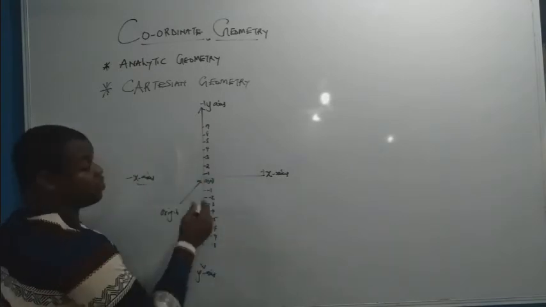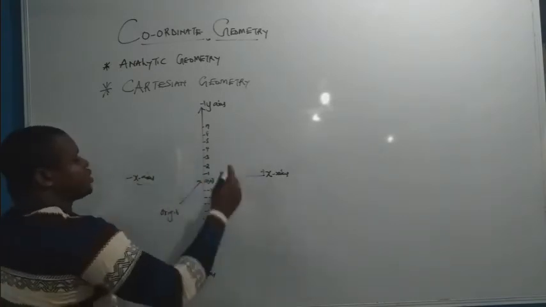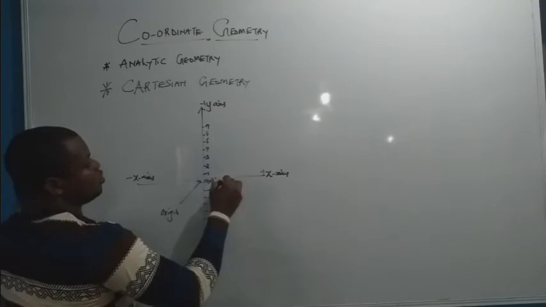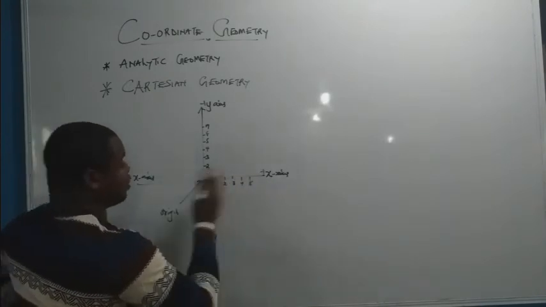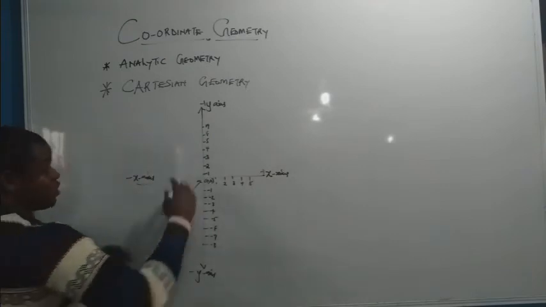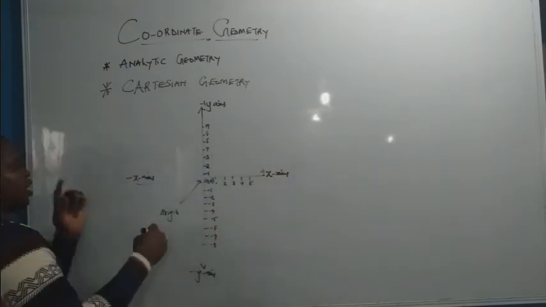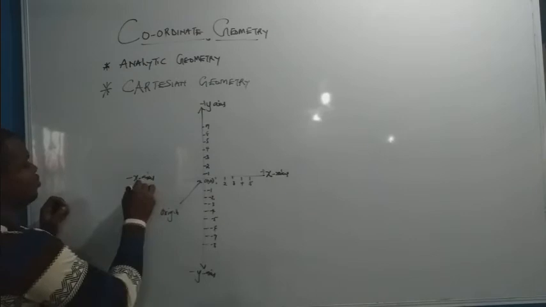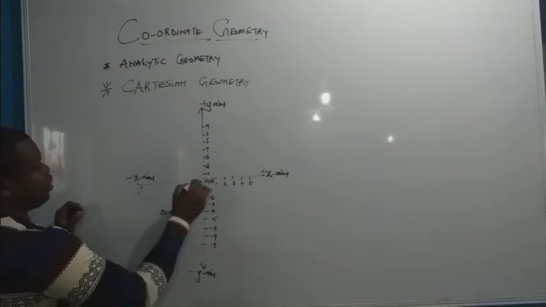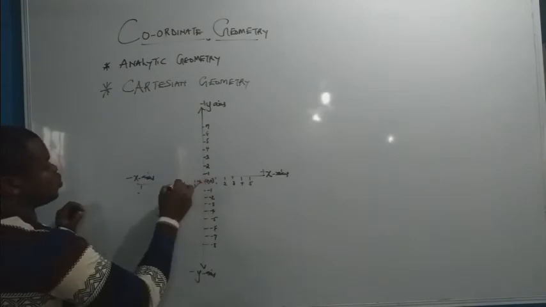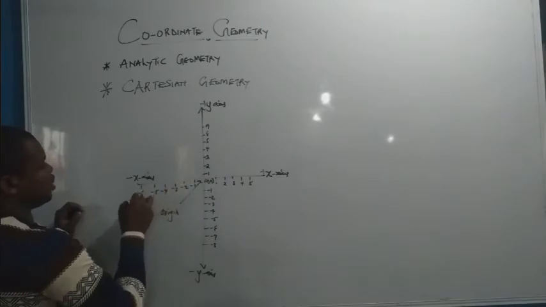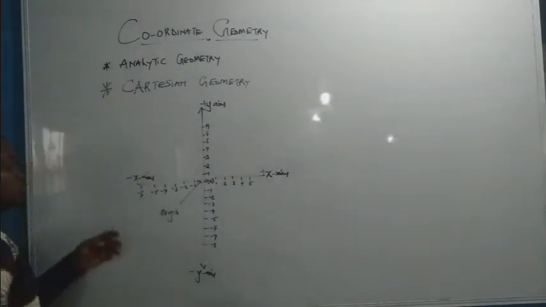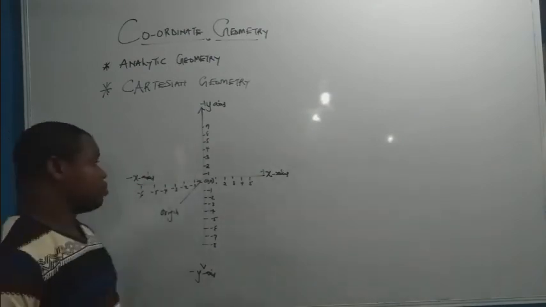This is negative y. On the positive x, we have plus 1, plus 2, plus 3, plus 4, plus 5. Then on the negative x, we have minus 1, minus 2, minus 3, minus 4, minus 5, and minus 6. Is that clear? So remember to plot your graph.